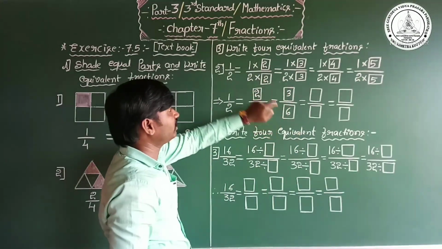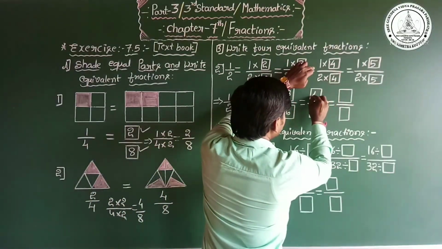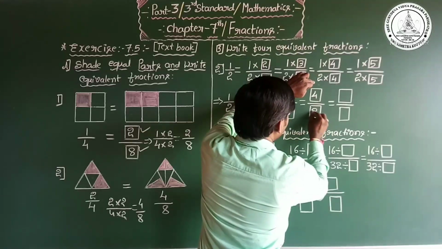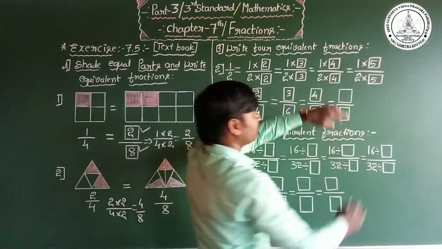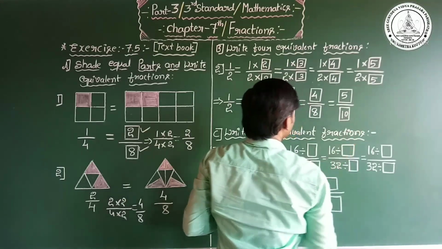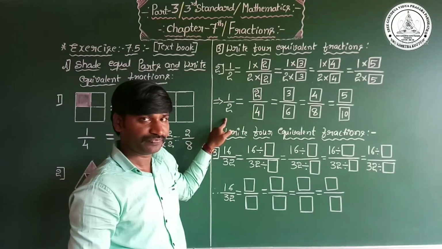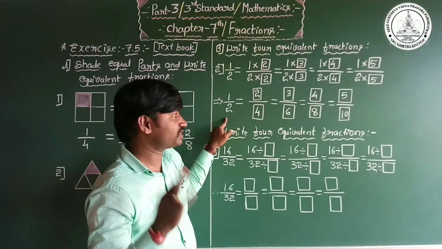This is another equivalent fraction of 1 by 2. The next, 1 times 4 is 4, 2 times 4 is 8. The next, 1 times 5 is 5, 2 times 5 is 10. These 4 are equivalent fractions of 1 by 2. Yes, clear, dear students? Understood?